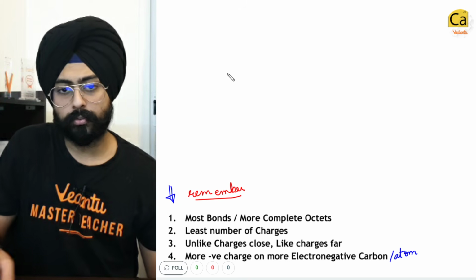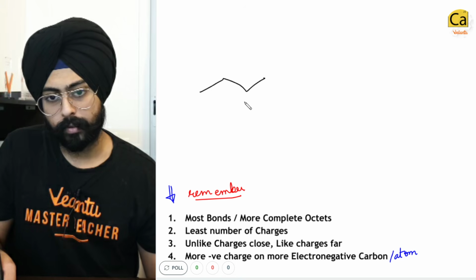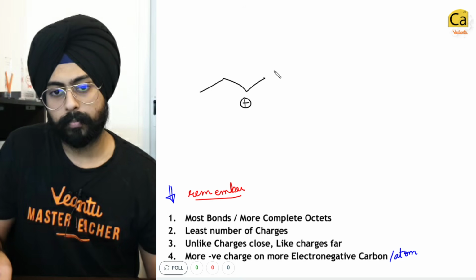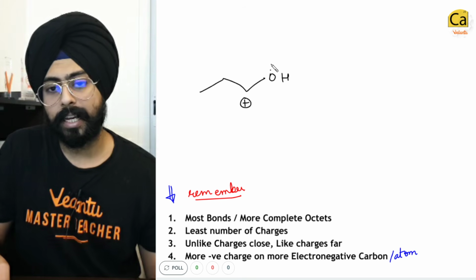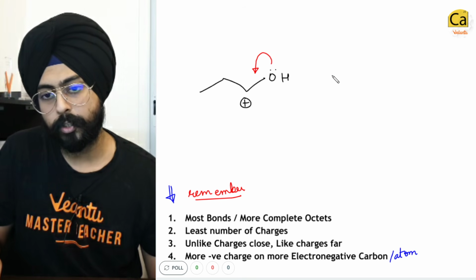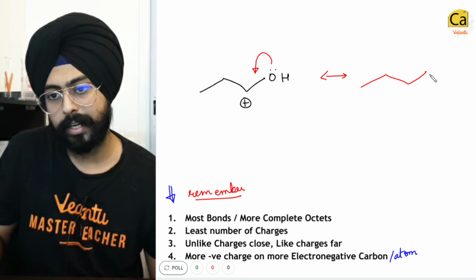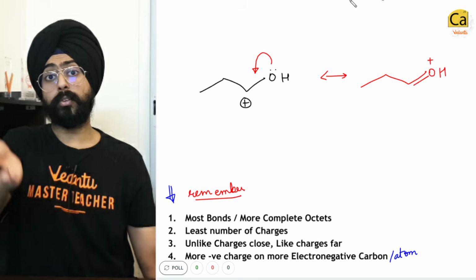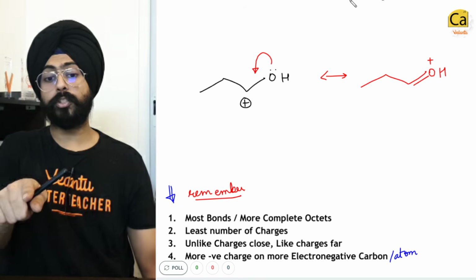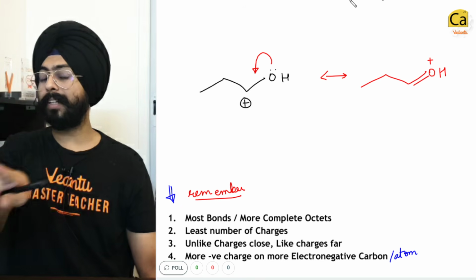Okay, so just to give you a quick example, if you have a particular structure like this, I can make its resonating structure by pushing the electrons in, and the resonating structure will look something like this. Can you tell me which one of these is the most stable? If you simply look at point number 4, you will get an incorrect answer.